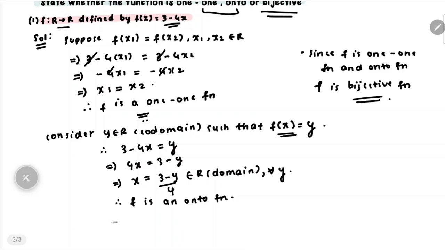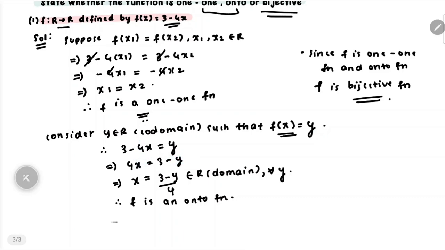Okay, so the next step is to prove it is an onto function. This condition is very important. Consider y belongs to the codomain R such that f of x is equal to y. So you have to take this condition here. f of x is equal to, it's already given in the question, 3 minus 4x. So just add it here and y as it is.